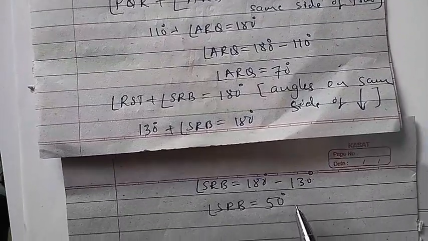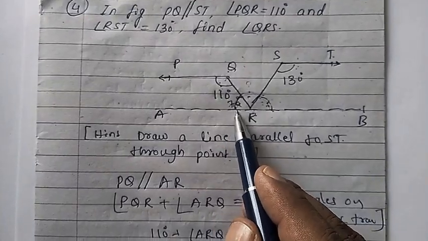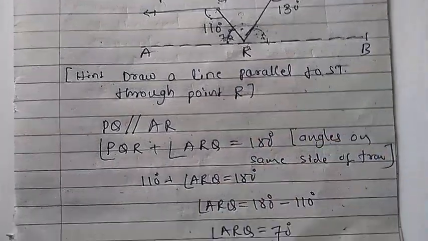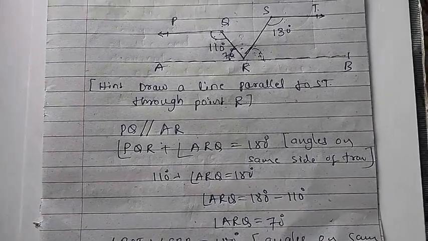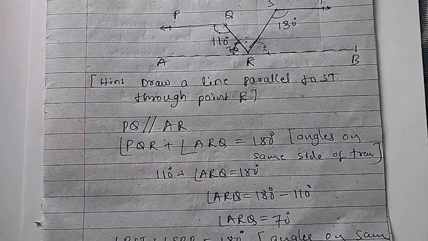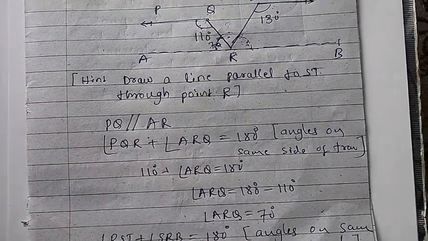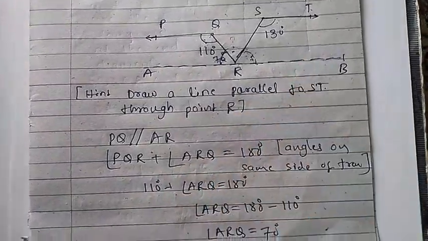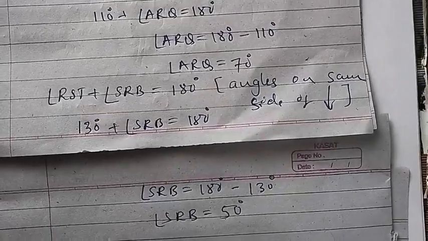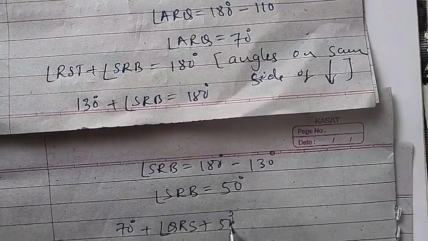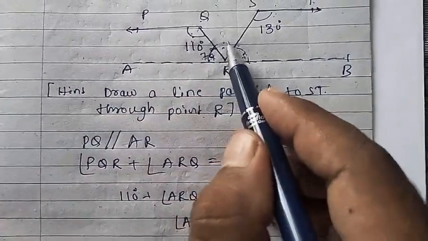Now see, this is 50 degrees, this is 70 degrees. The sum of these three angles: angle QRS plus 50 degrees plus 70 degrees is equal to 180 degrees. Why do these three angles make 180 degrees? Because of the linear pair.